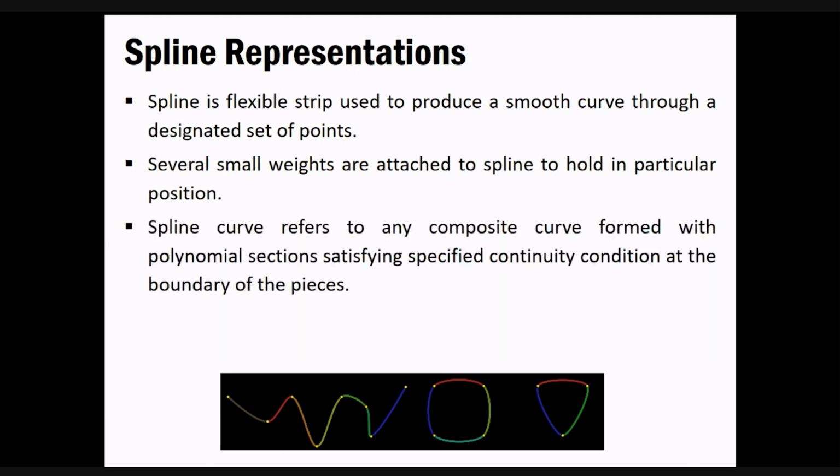Now, a spline curve refers to any composite curve formed with polynomial sections satisfying specified continuity conditions at the boundary of the pieces. Multiple curved sections could be there, and how these curved sections get connected with each other matters.